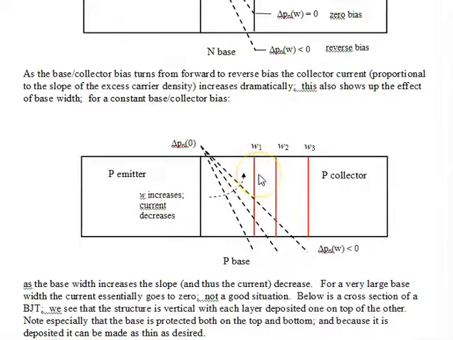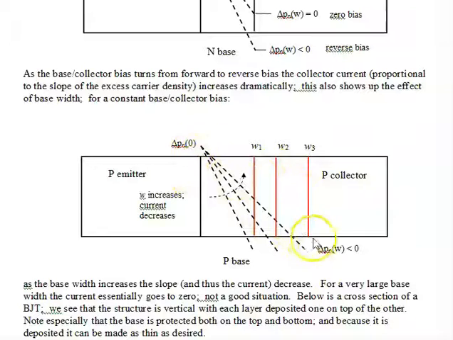Now we can do the same thing by keeping the bias at the base collector junction constant, but just varying the width, going from W1, which is relatively narrow, to W2, which is wider, to W3, which is wider yet.